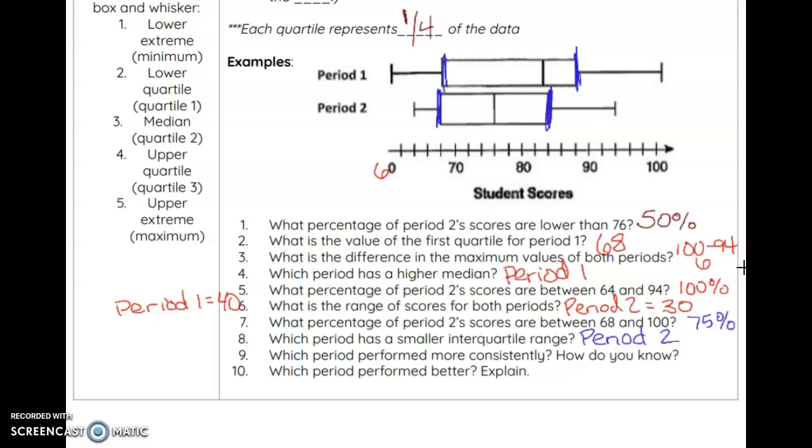Number 9, which period performed more consistently? How do you know? So when we are looking at box and whisker plots and we're looking to see if something is more consistent, we're looking for data that is closer together. So if it is more consistent, then everything is going to be closer together.